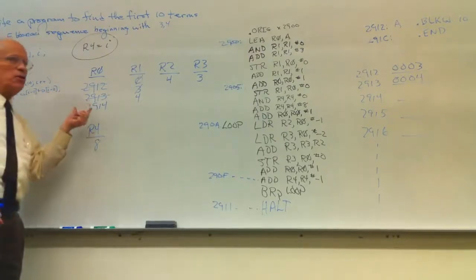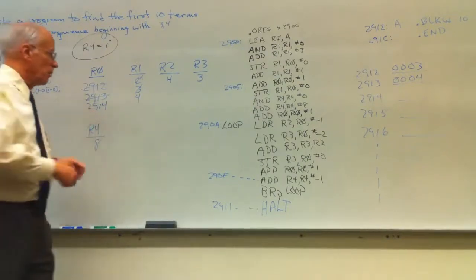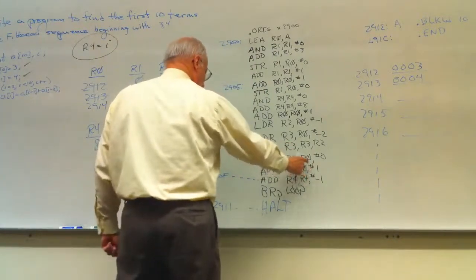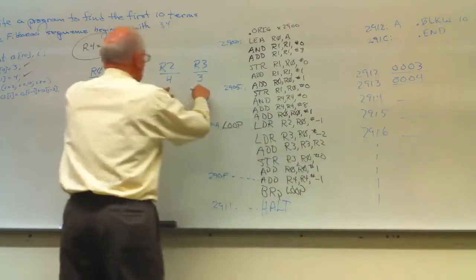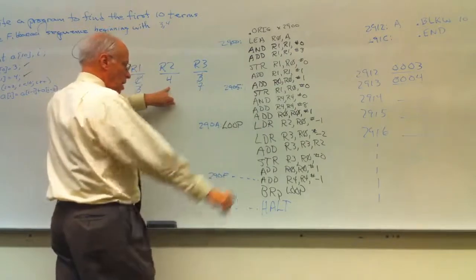It adds it and uses that as an address, but it does not change the register. We've got to get through this loop one more time. Okay, we add register 2 and 3 together and put it in register 3, so now we've got a 7 there.